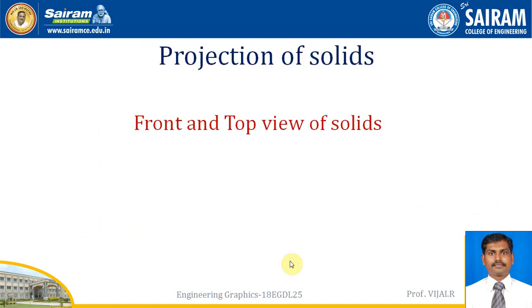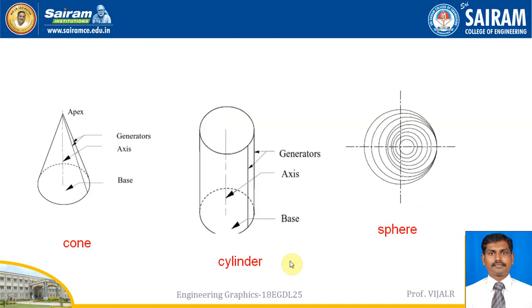In this case, cones and cylinders, normally there will not be any lines because it's a fully curved surface. But to solve the problems, we have to take the generators. Generators, just like in the pyramid, are the lines which join the base and the apex.